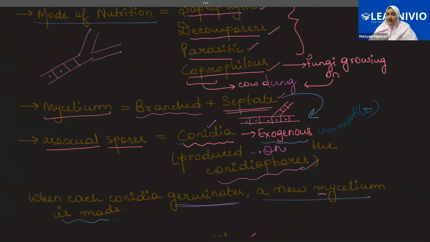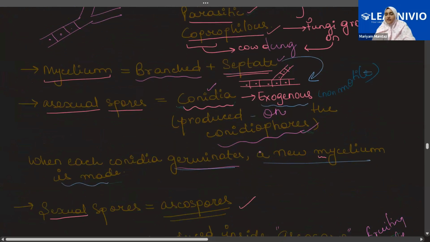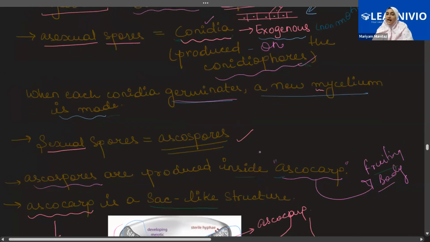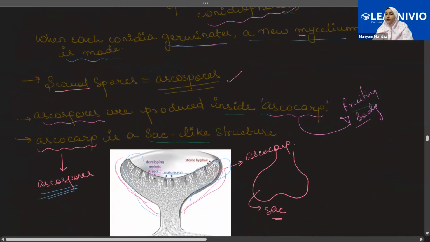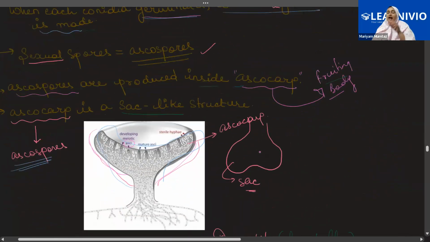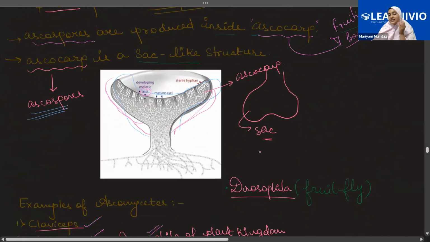Asexual spores are conidia, which are exogenous spores, produced outside. When each conidium germinates, a new mycelium is made. Sexual spores are ascospores, produced in the fruiting body called ascocarp, which looks like a sac. That is why they are known as sac fungi.